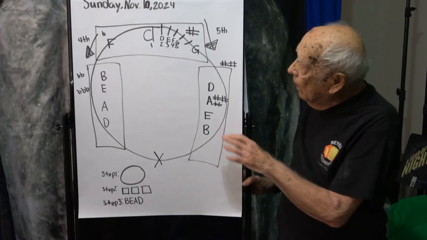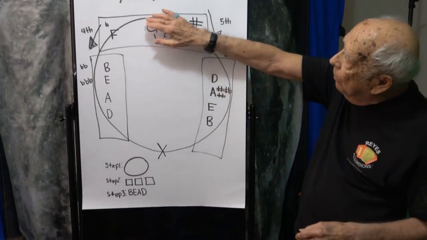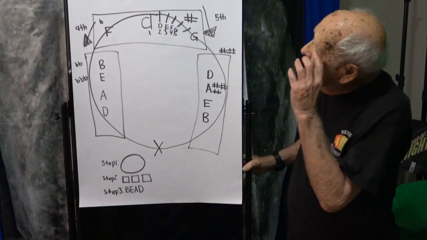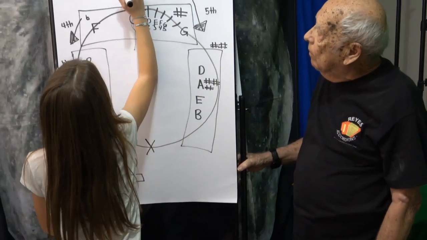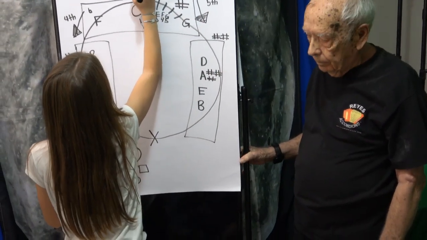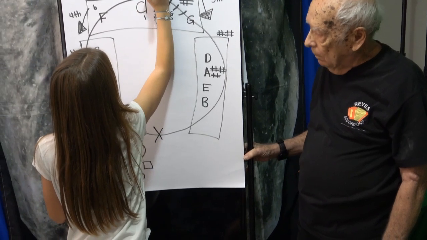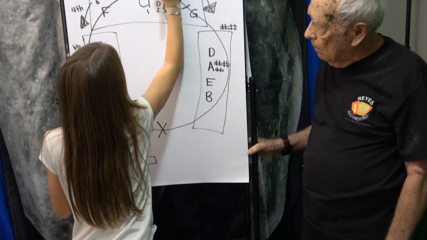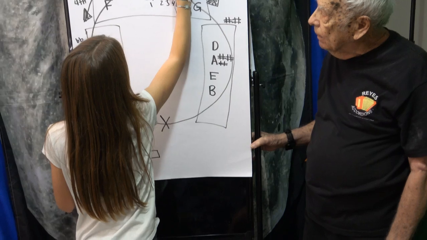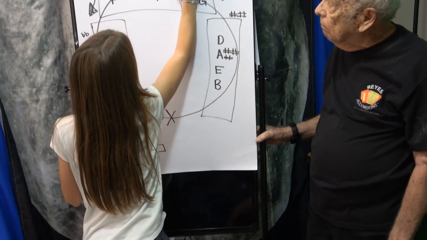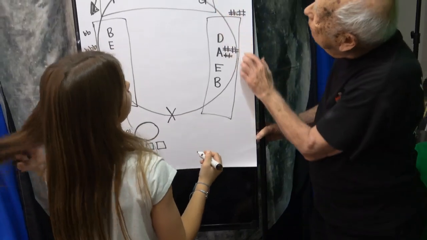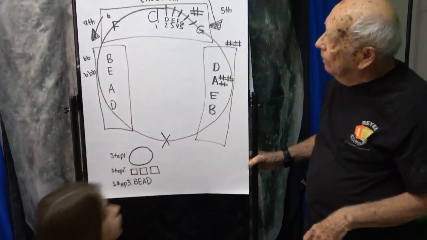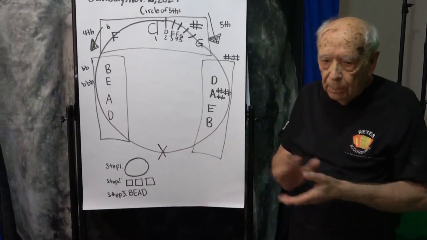So this is what I said is called the circle of fifths. This is a fifth. Okay, so that's basically it.